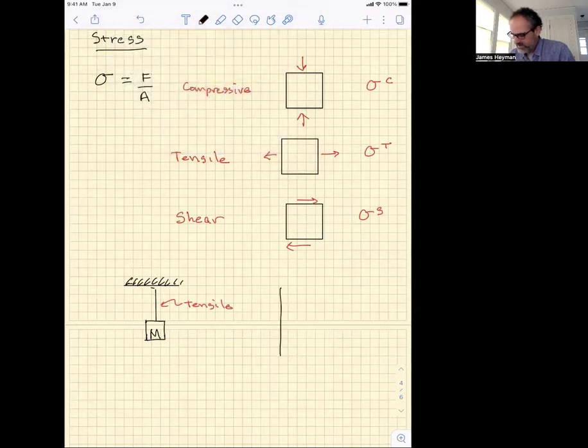Now imagine something else. Suppose that instead of being attached to the ceiling, our block is glued to the wall.